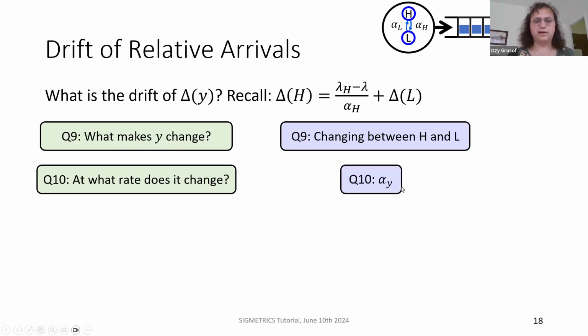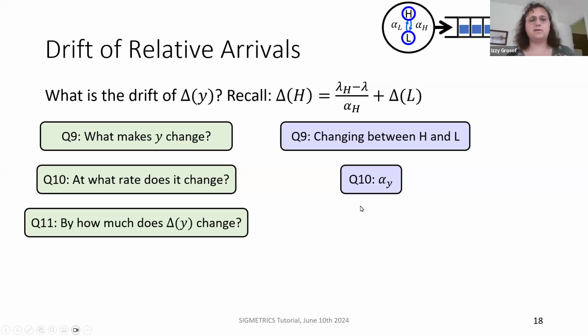Well, it changes at rate alpha y. By how much does delta y change when it does? This is a little subtle because this is on the wrong side of the equation, but it's going to be lambda minus lambda y divided by alpha y. If you imagine moving this to the other side, you'll get the change.